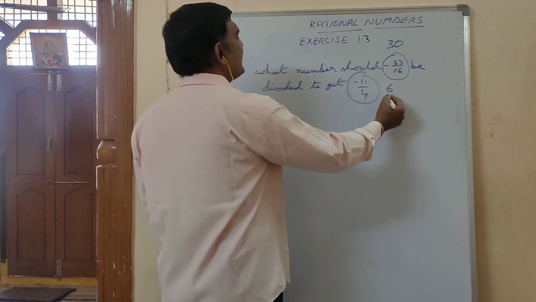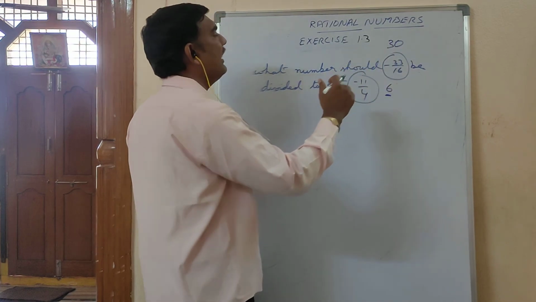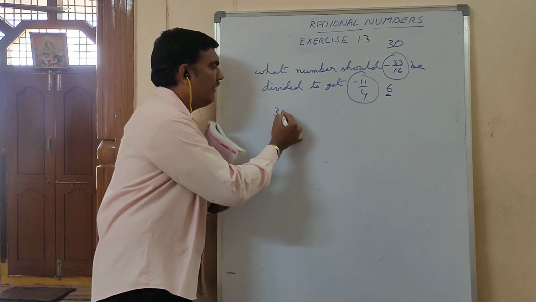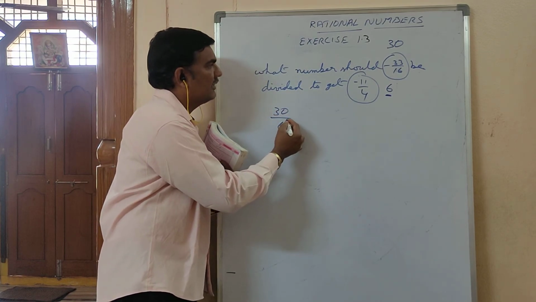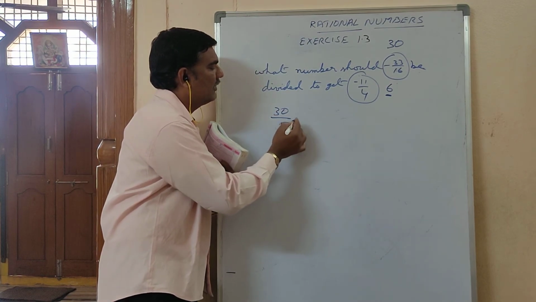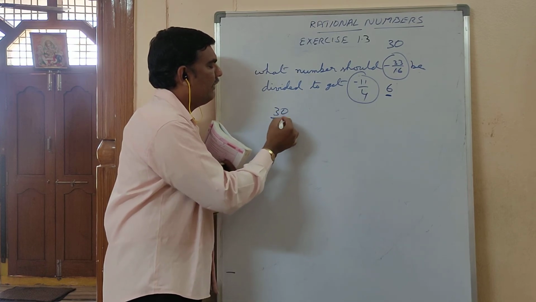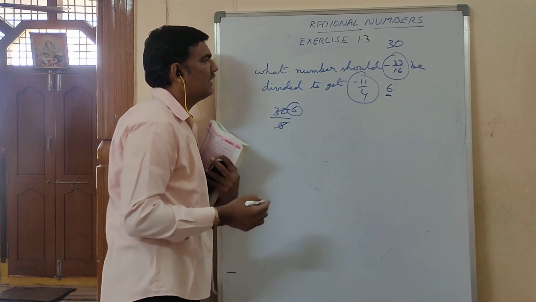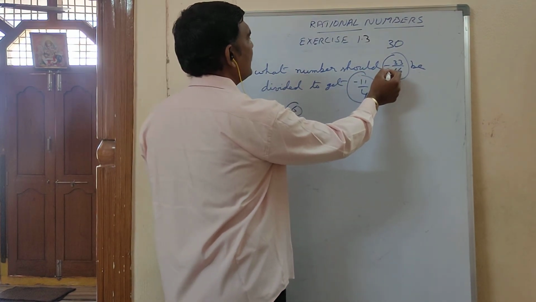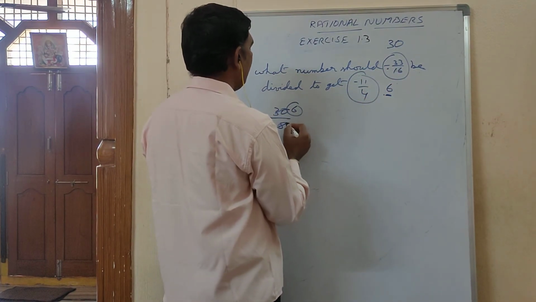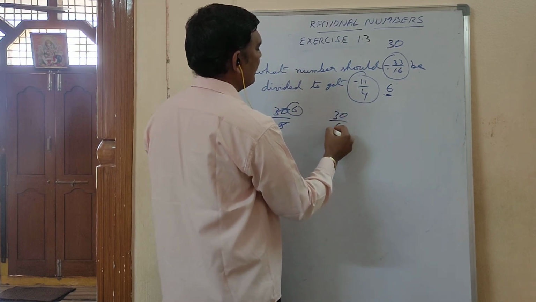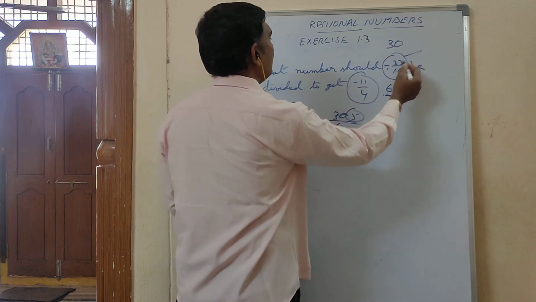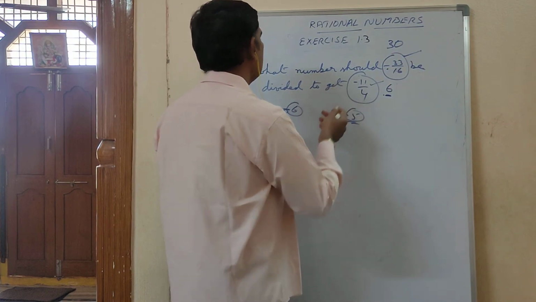If you want to get 6, 30 should be divided with which number? 30, if you divide with 5, what are you getting? 6 you are getting. So 5 is the answer. What you have to do is 30 divided by 6. Then you are getting the answer. So in place of 30 write this one, in place of 6 write this one. You will get this answer.